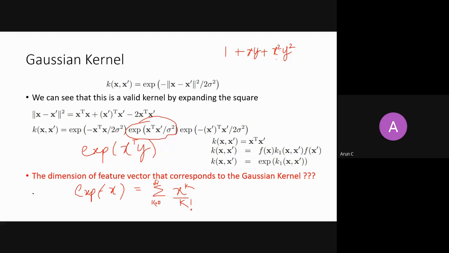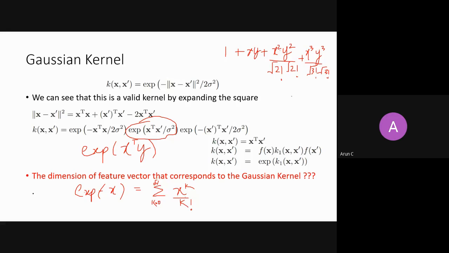Upon 2 factorial means you can write it as root 2 factorial into root 2 factorial. Then the next term will be x cube y cube upon root 3 factorial into root 3 factorial. And you keep on writing this.